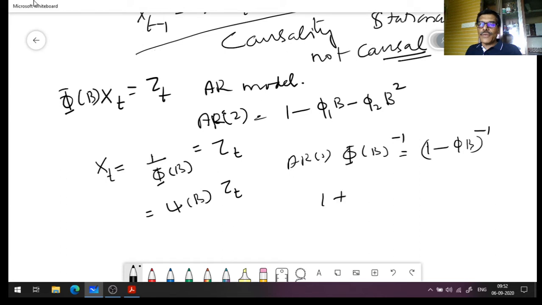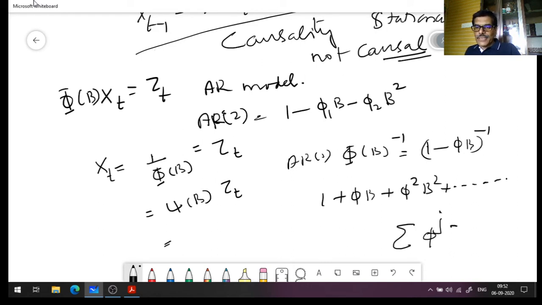What is this going to be? 1 plus phi B plus phi square B square, and so on. An infinite expansion. Similarly, you can also write it for AR2, because the AR2 coefficient is there to the power of minus 1. So you get an infinite series over here. This comes back to the convergence of that series. In the case of AR1, the series looks like this: phi to the power of j, epsilon t minus j. This is in the case of AR1.